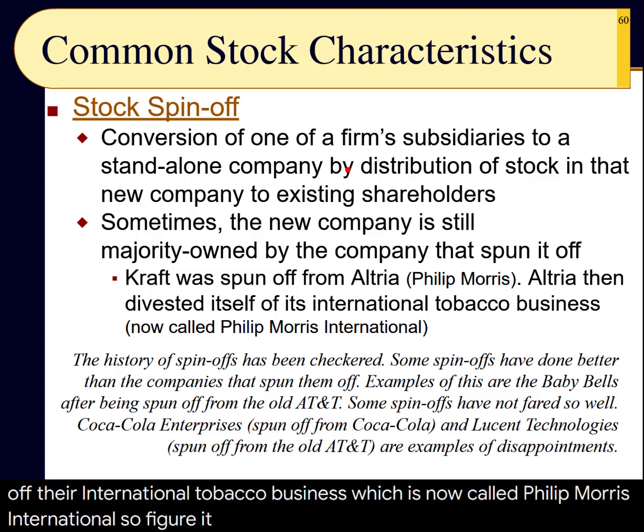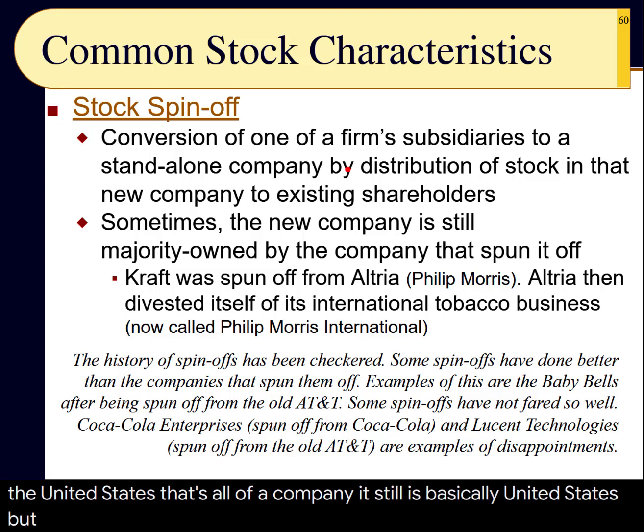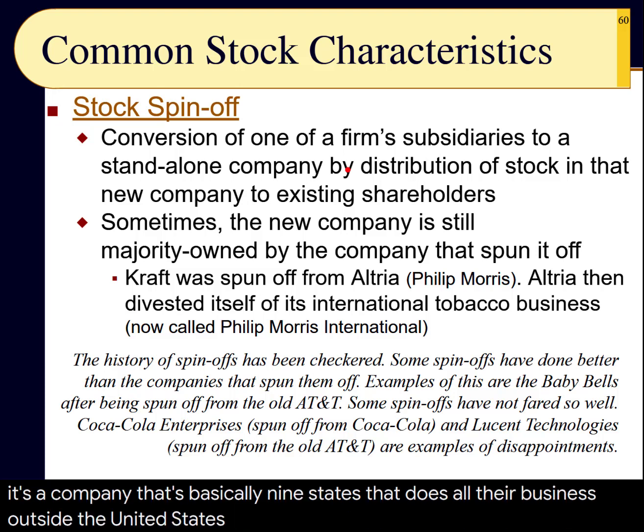So figure that one out. Here's a company that was based in the United States that sold off a company that still is based in the United States, but that company only sells their cigarettes outside the United States. So it's a company that's based in the United States that does all their business outside the United States. Kind of bizarre, huh? That's the way it goes.